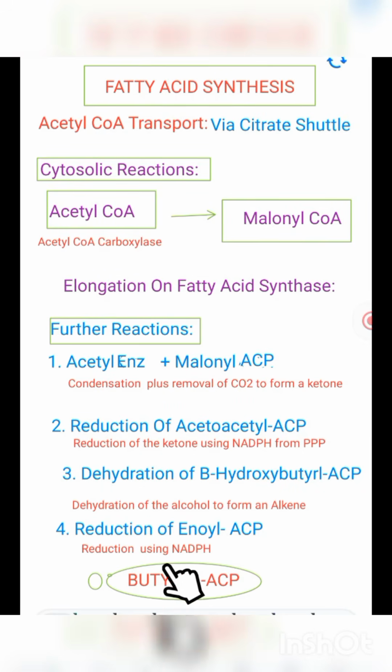So you have a 4-carbon fatty acid being produced in the first cycle. You add 2, you form 6. You go through this, you add 2, you form 8. You add 2, you form 10, until you have a molecule that has 16 carbon atoms. That is when this process is going to be halted.